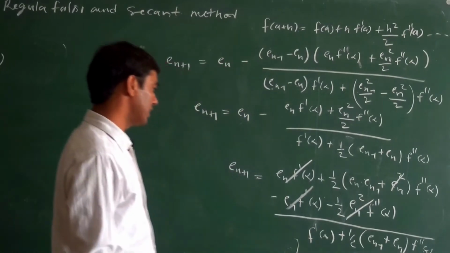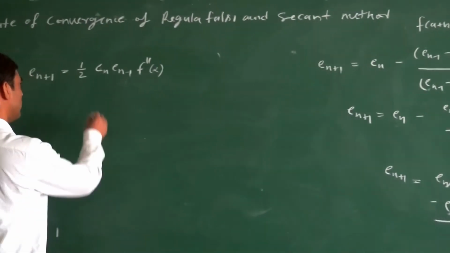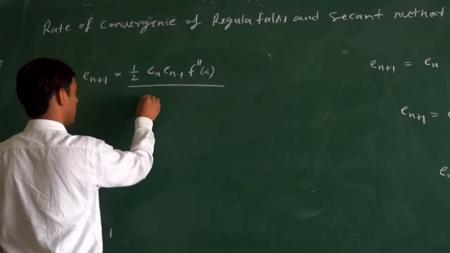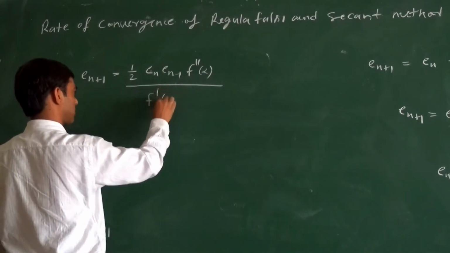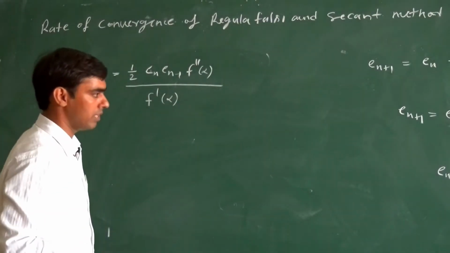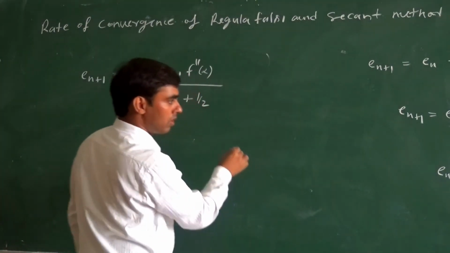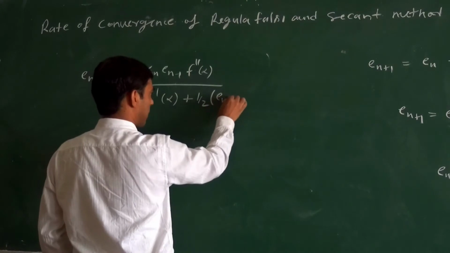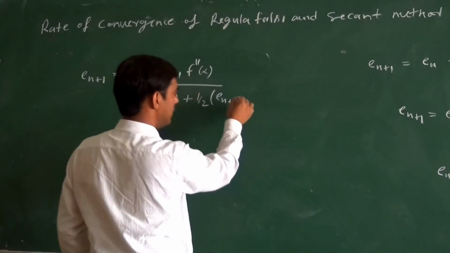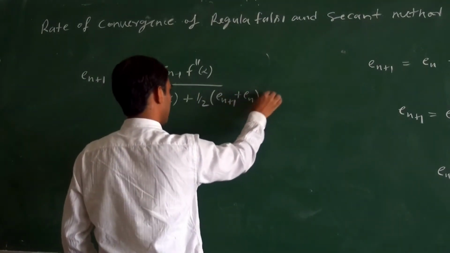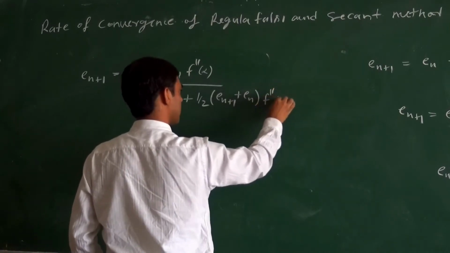So what is the value in the denominator? The value in the denominator is f dash alpha plus 1 by 2 (e_n plus 1) plus e_n f double dash alpha.